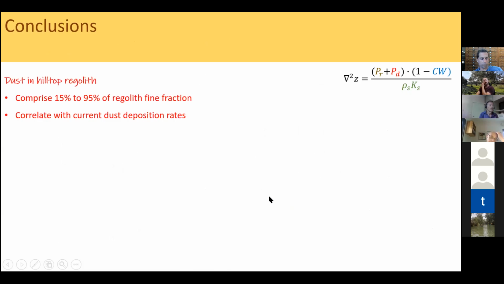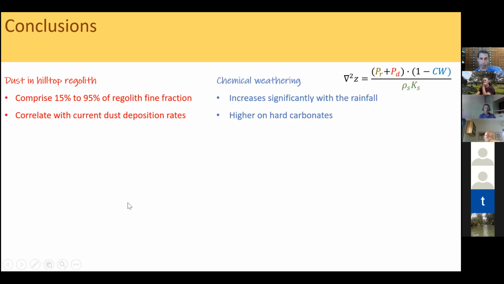Okay, so to summarize this part, we saw that dust in the soil and regolith comprises between, I said 15%, but it could be zero at some samples, to almost 100% of the fine fraction of the soil. So it varies. And we see that it correlates nicely with current dust deposition rates.